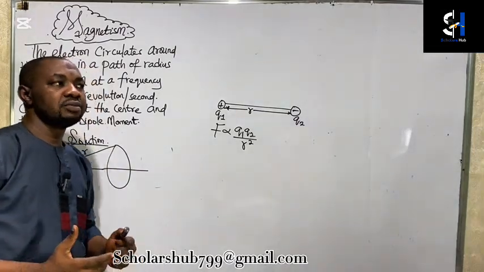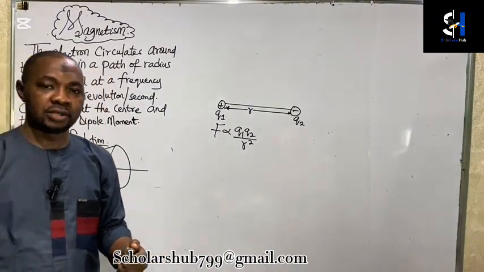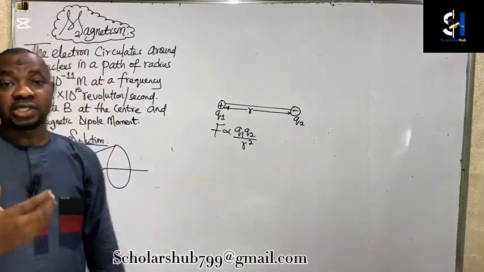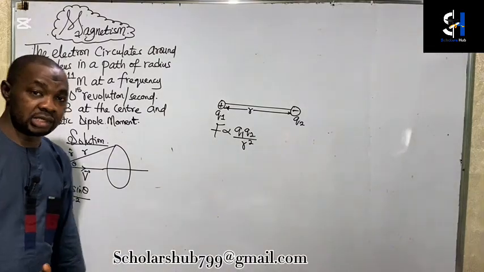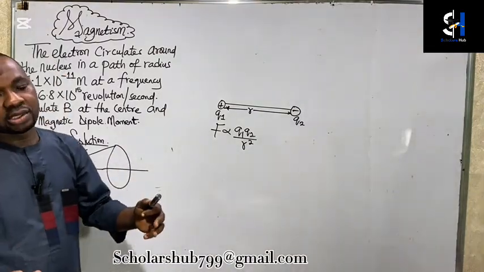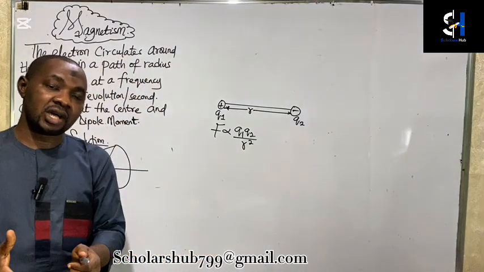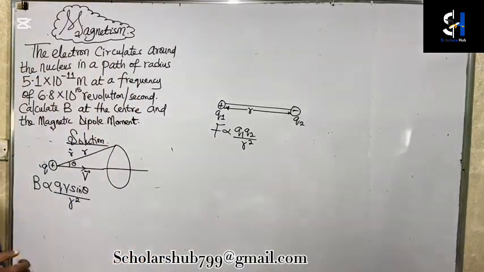The first significant relationship between current and magnetic field was discovered by Oersted in the year 1820. Oersted found that a magnetized needle sets itself at right angle to a straight wire when a steady current is passing through the wire.